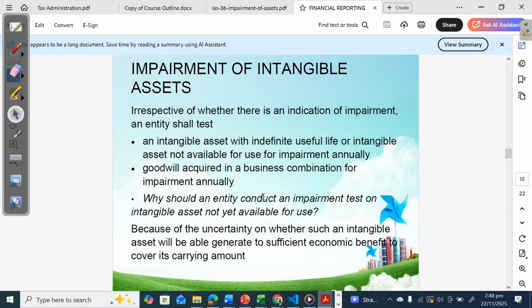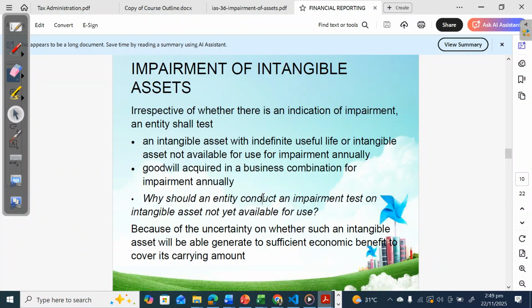If you have an intangible asset with an indefinite useful life, the standard says every year you have to test for impairment. Now the question is, why? If the intangible asset has an indefinite useful life, you are saying that this asset will bring us benefit forever and ever. Every year we'll benefit from the asset.